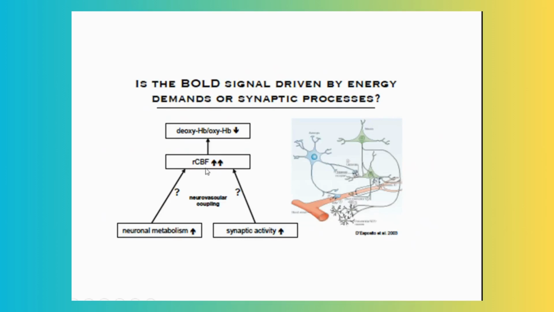We call it rCBF, relative cerebral blood flow. That washes away the deoxyhemoglobin and increases the oxyhemoglobin in that area. So the ratio of deoxyhemoglobin to oxyhemoglobin drops down. That's why we get the BOLD signal. And I will tell you how.